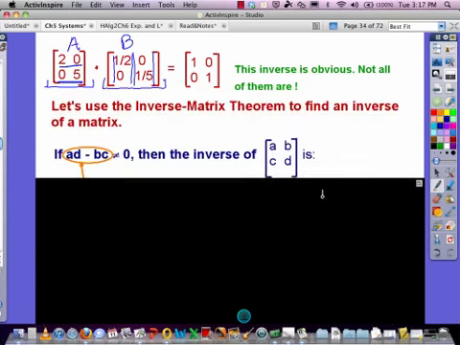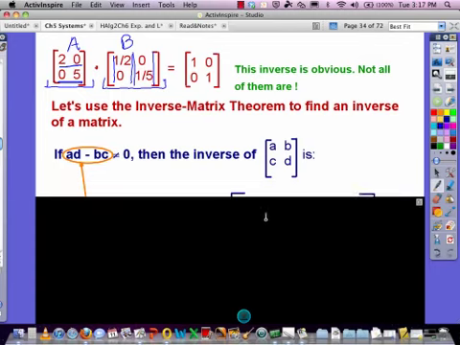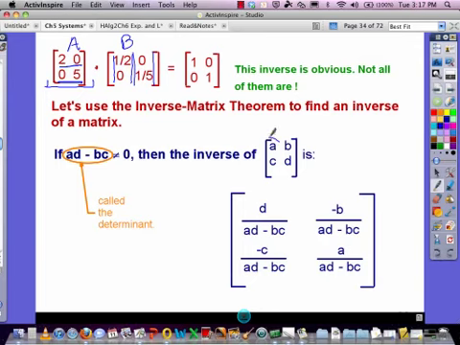We're going to use the Matrix Theorem that says we first need to find out what the determinant is. It says ad minus bc, so take a look. Where is ad? ad is the left diagonal. So we're taking these two values on the left diagonal and multiplying them together.